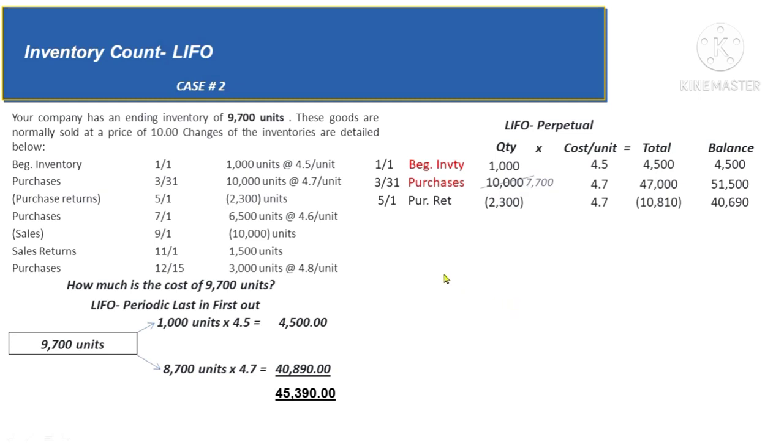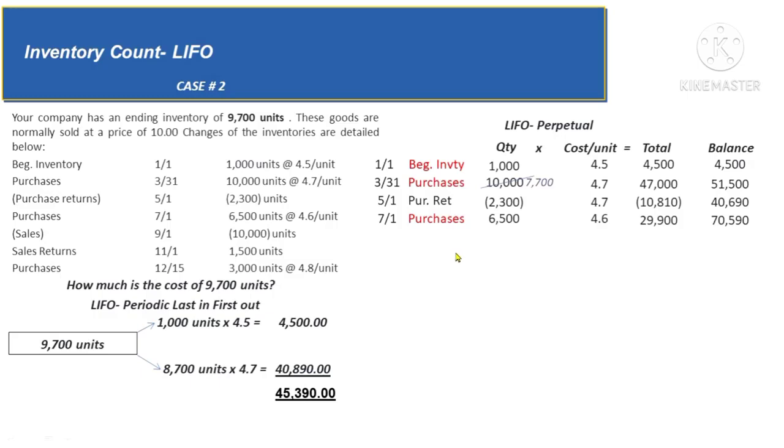Now moving on, we have another purchase on 7.1, which is 6,500 units at 4.6. So you need to add the total to the running balance and we will get a running balance of 70,590. This transaction is followed by a sale of 10,000 units. To fill the sales here, we have to remember the concept under the LIFO that the goods purchased last are the ones sold first.